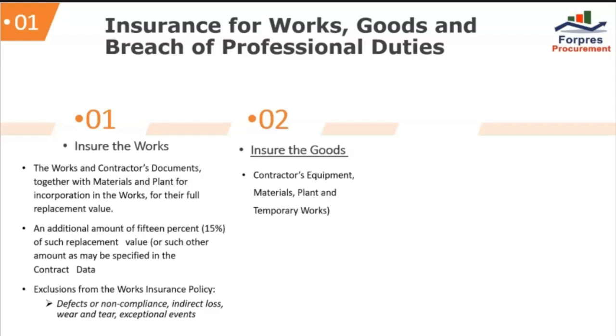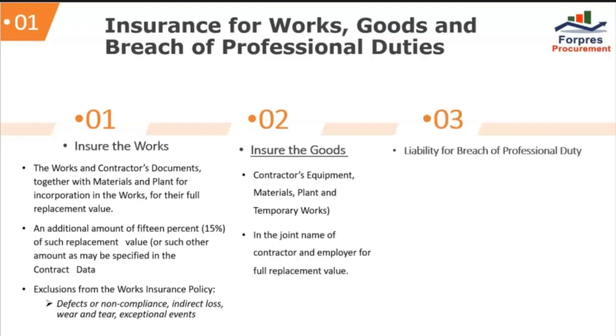The contractor shall insure in the joint names of the contractor and the employer the goods as per the amount stated in the contract data, if not specified or stated, for their full replacement value including delivery to site. The contractor shall maintain this insurance from the time the goods are delivered to the site until they are no longer required for the works.